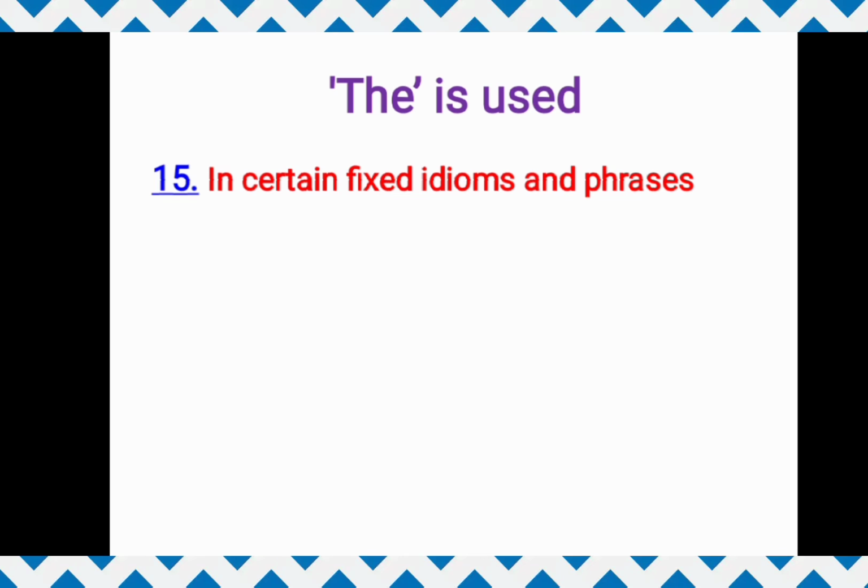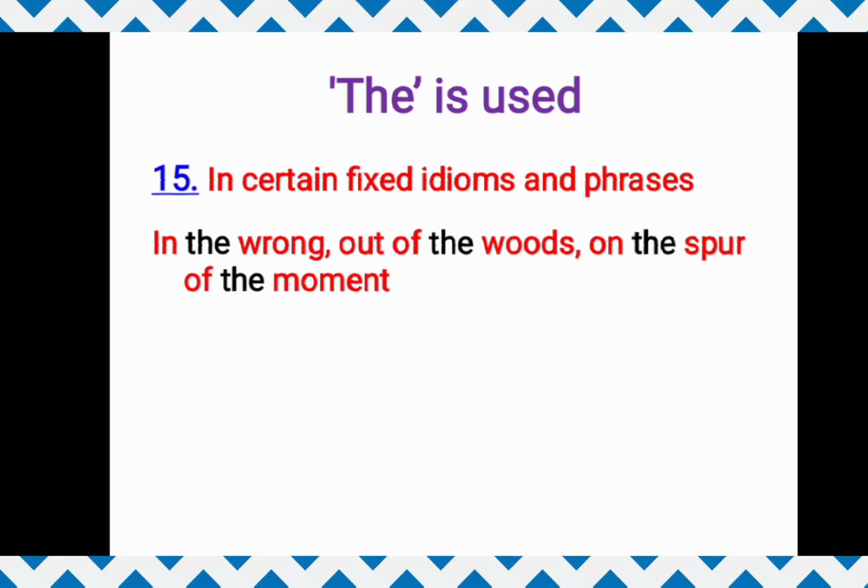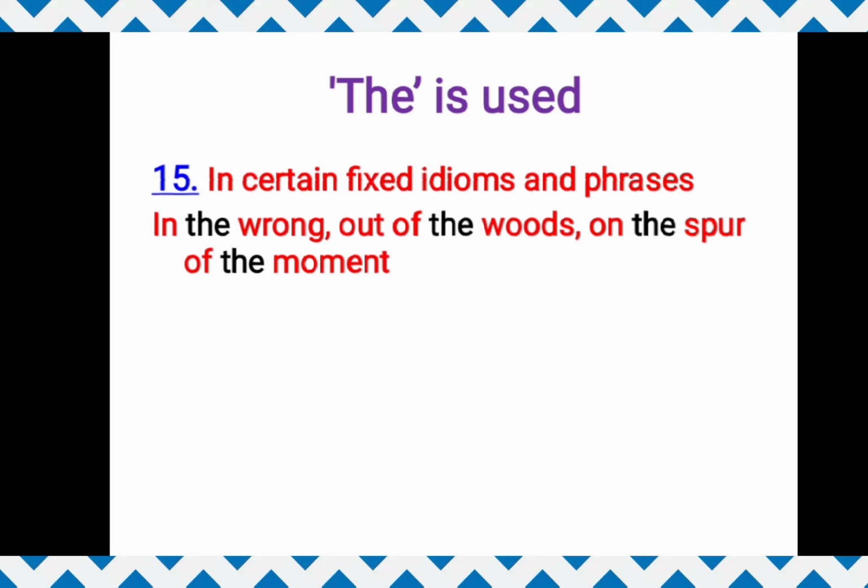The is used, and that is rule number 15, in certain fixed idioms and phrases, like in the wrong, out of the woods, on the spur of the moment. That is used in certain fixed idioms and phrases.